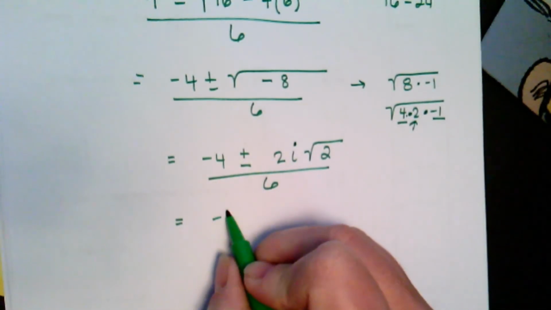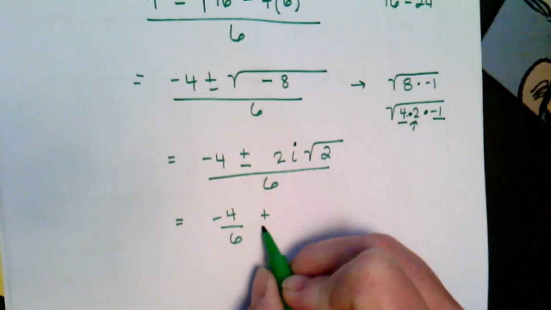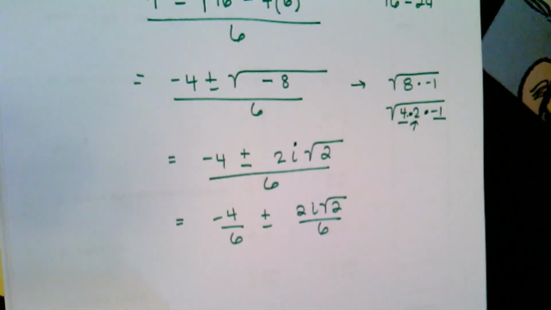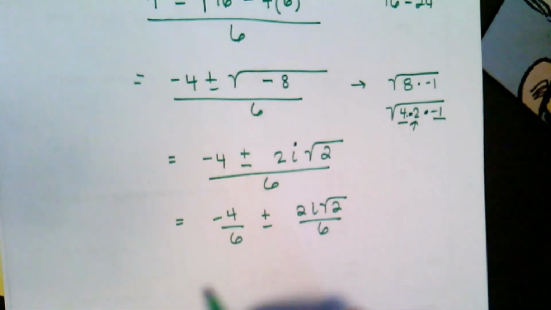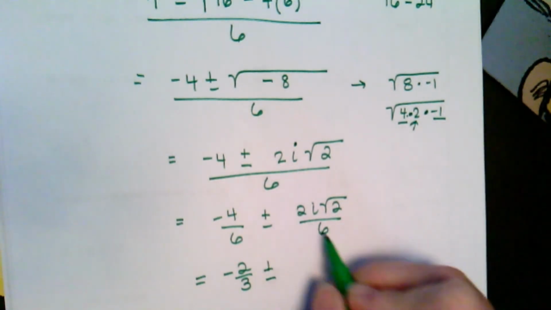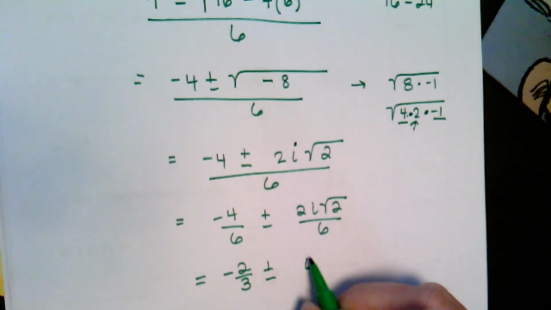So we can separate these again to simplify them. I can reduce this down, so that reduces to 2/3, and this goes to 1/3.